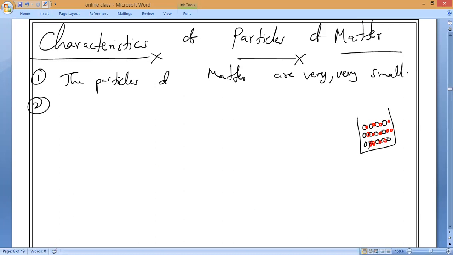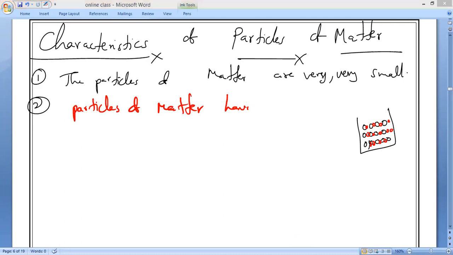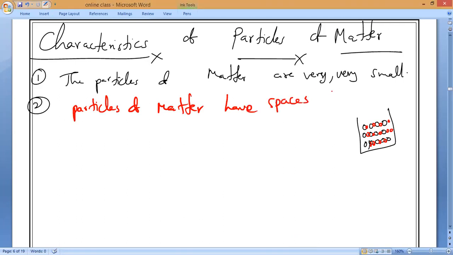So we can say particles of matter have spaces between them.